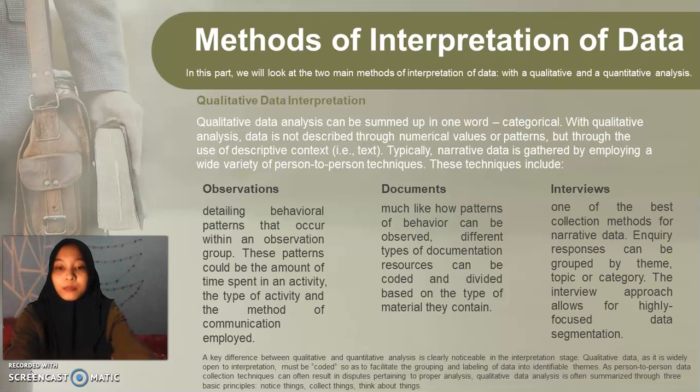A key difference between qualitative and quantitative analysis is clearly noticeable in the interpretation stage. Qualitative data, as it is widely open to interpretation, must be coded so as to facilitate the grouping and labeling of data into identifiable terms, as person-to-person data collection techniques can often result in disputes pertaining to proper analysis.